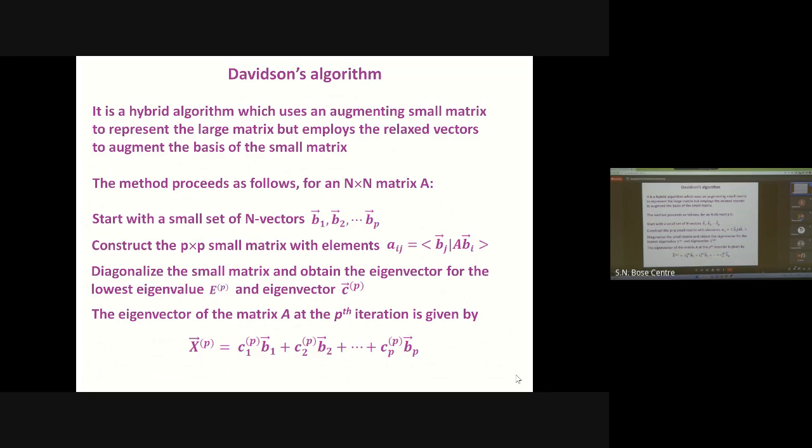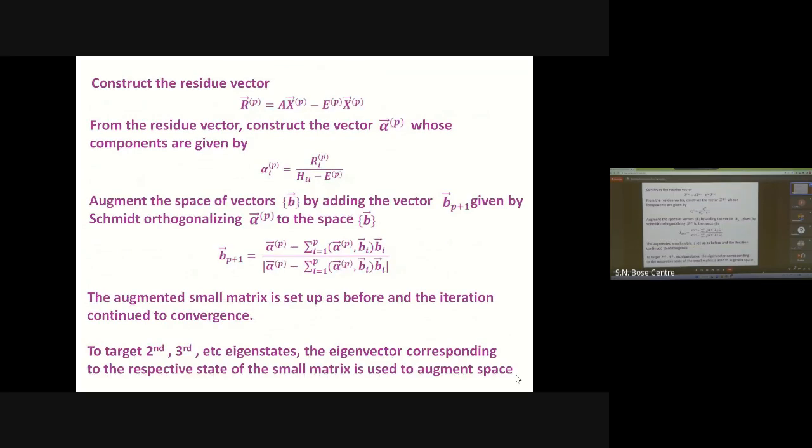Then you construct the residue vector. The residue vector is nothing but the difference between A times xp minus the eigenvalue times xp. That is the residue in the eigenvalue-eigenvector equation, the left-hand side minus the right-hand side.